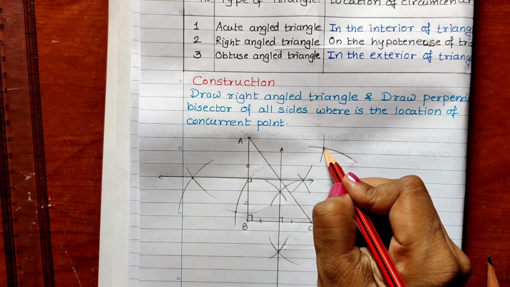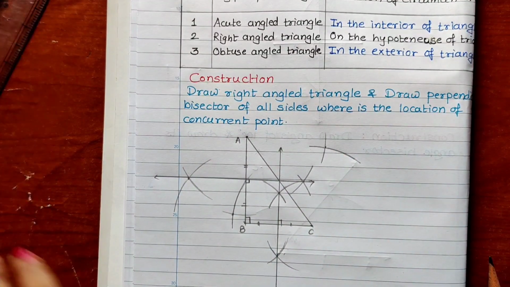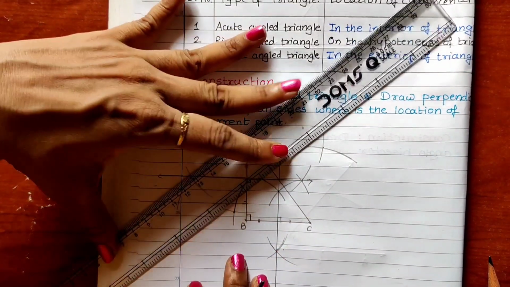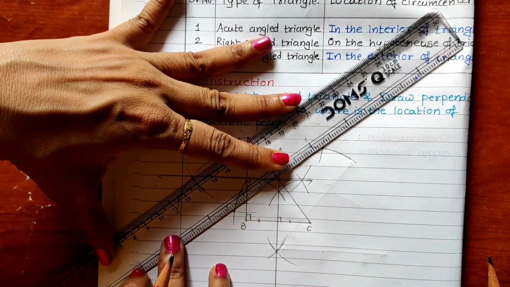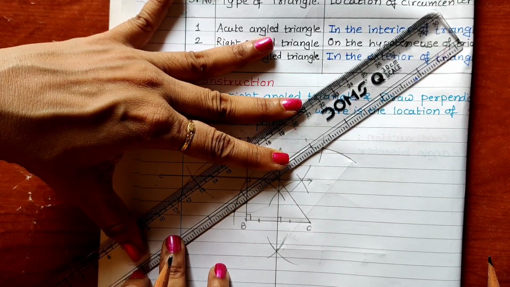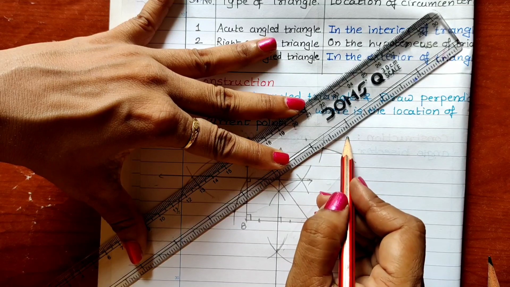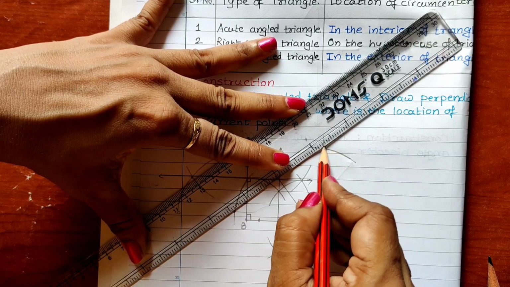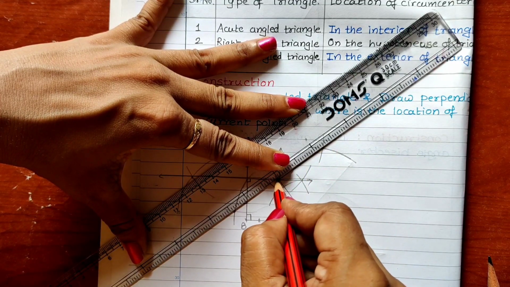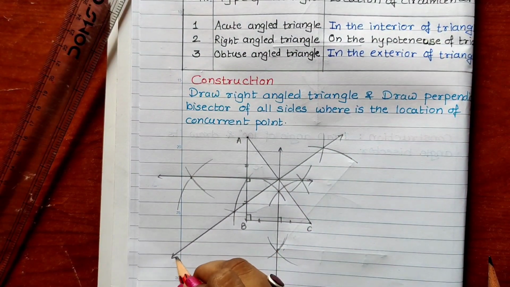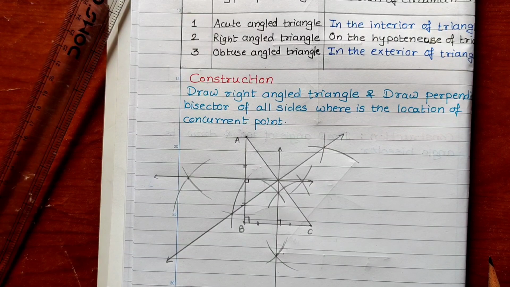Make the points dark and just draw the line passing through these 2 points. So in this way we have got these 3 perpendicular bisectors.